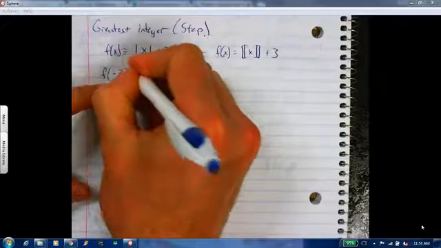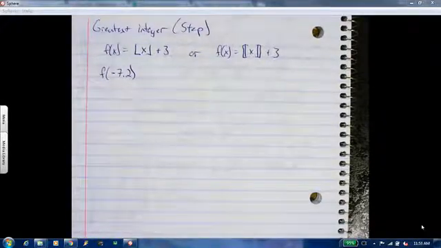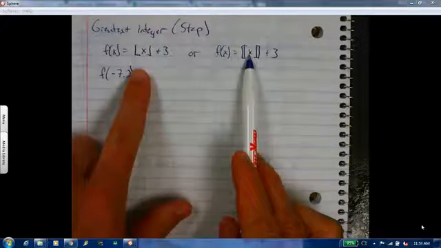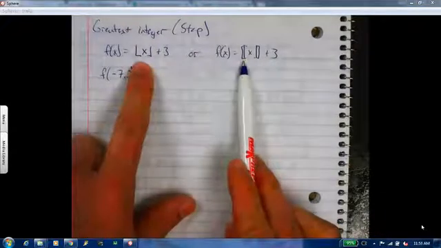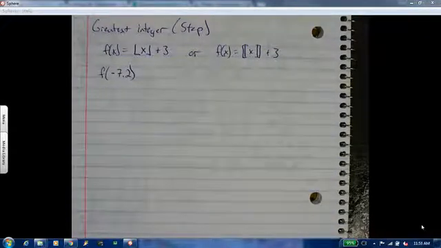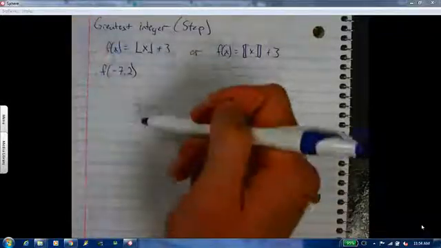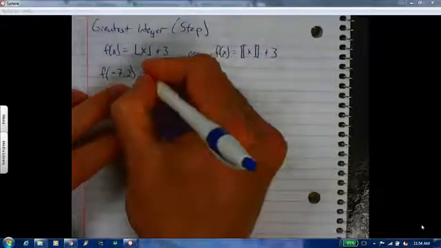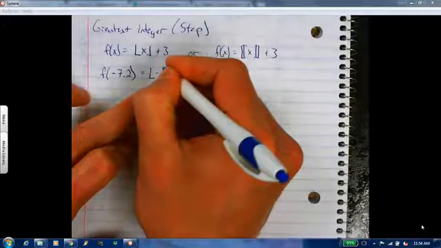So if I have f of negative 7.2. Those symbols mean the same thing, so it can be presented either way. You're going to do it the same way. A ceiling function would turn these around to the top. This is a floor function. So what is the greatest integer less than negative 7.2?